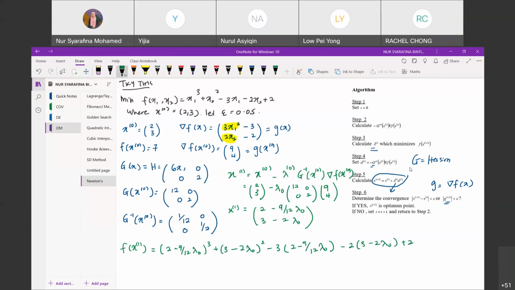So how can we find lambda? Refer to your notes. You can differentiate f with respect to lambda and set it equal to 0, so df d lambda equals 0.